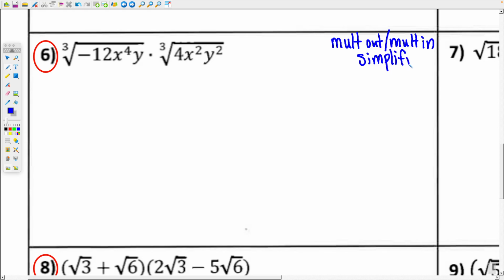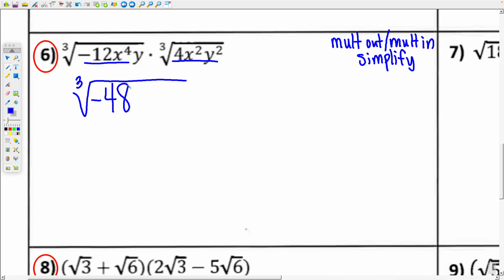So that means I'm going to say, oh, well, there's invisible ones, so multiplying those ain't gonna make a difference, all right? So the invisible ones do nothing, but that means I have to multiply this and this. Multiplying numbers, just multiply like you normally do. Negative 12 times 4 is negative 48, right? So I'm going to keep the radical, and I'm going to have negative 48.